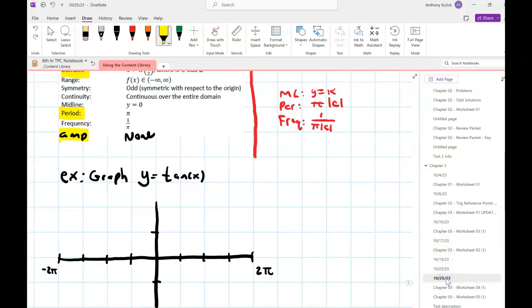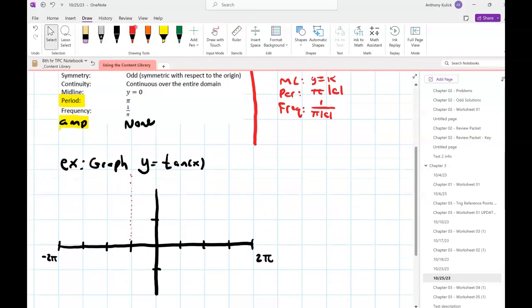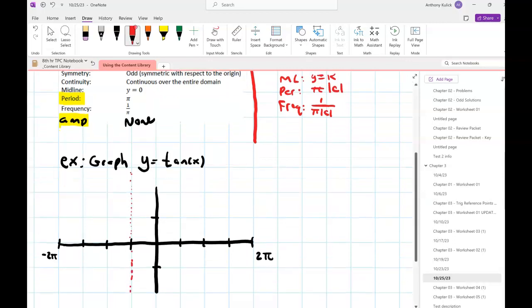That's fine. At negative pi over 2, we're going to put our vertical asymptote, and at positive pi over 2, we're going to put our vertical asymptote.